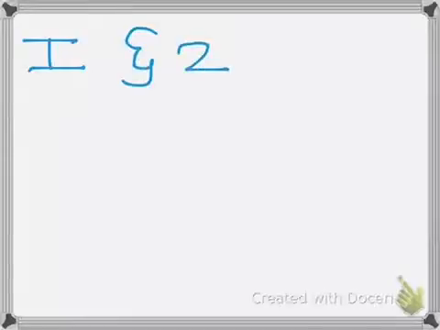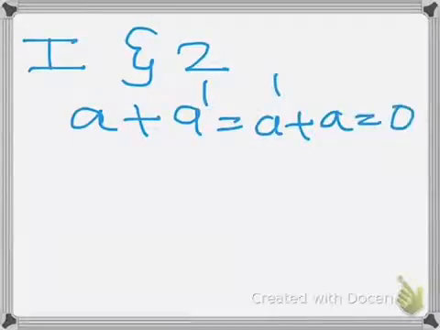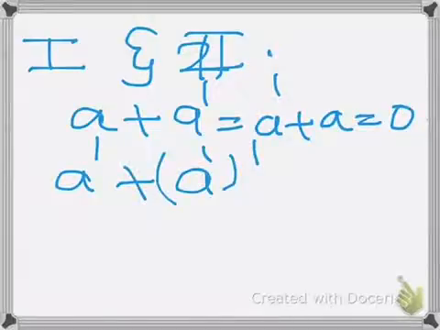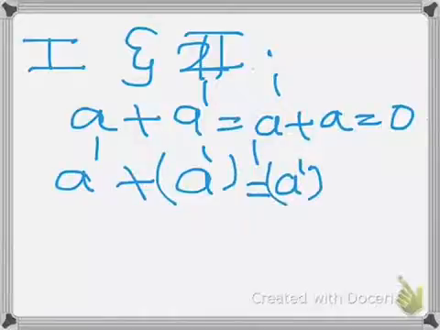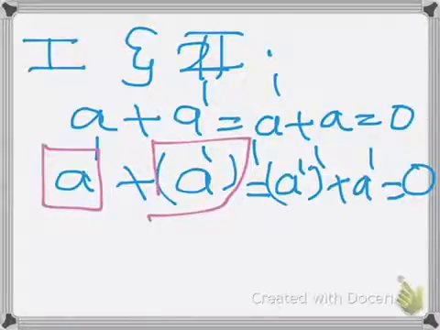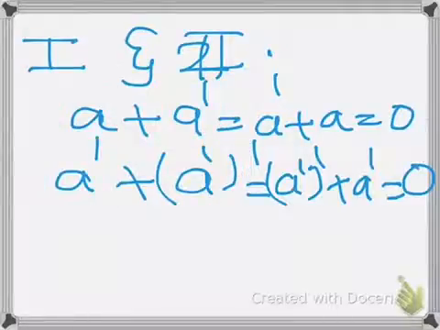Now let us write equations 1 and 2 together. By equation 1 we know that A plus A dash equals A dash plus A equals 0. And equation 2 let us represent like this: A dash plus A dash dash equals A dash dash plus A dash, and it gives us 0, because A dash dash is the additive inverse of this and A dash is the additive inverse of this, as they both belong to the set of real numbers.